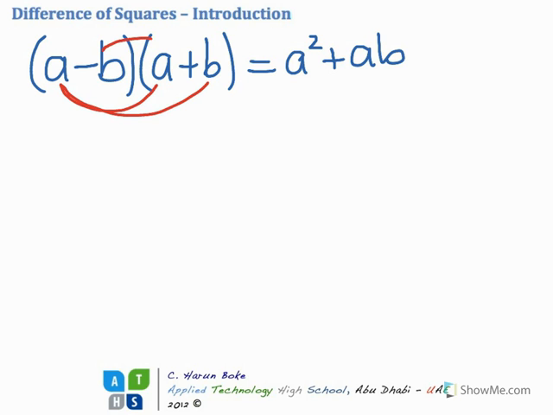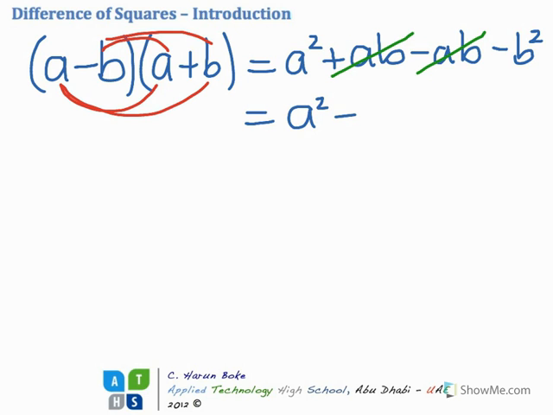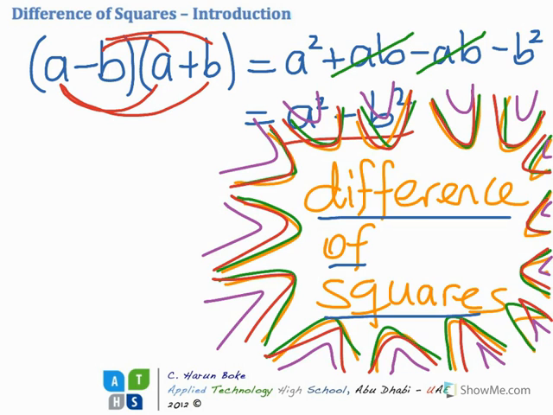Then we have minus b times a, which is minus ab, and then we have minus b times b, which is minus b squared. So obviously you can see that ab and minus ab cancel each other out, hence at the end we have a squared minus b squared. That's why we call this expression the difference of squares, as difference means minus.